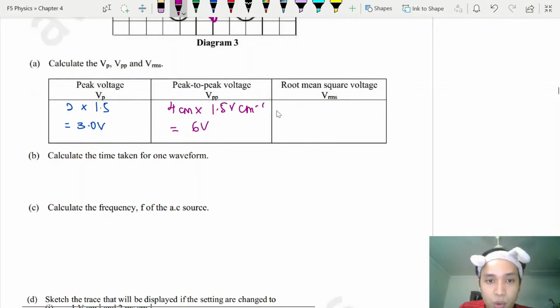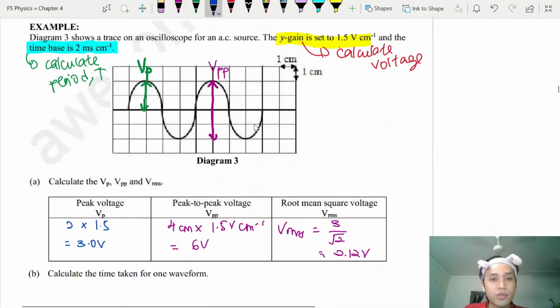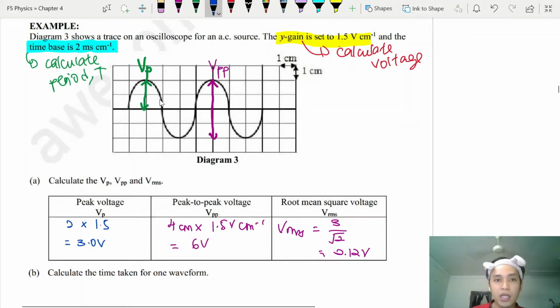So you need to take your peak voltage, meaning this one, 3 volts, divided by root 2. Then this is your root mean square. Technically it's like your average voltage or something like that. This is 2.12 volts.